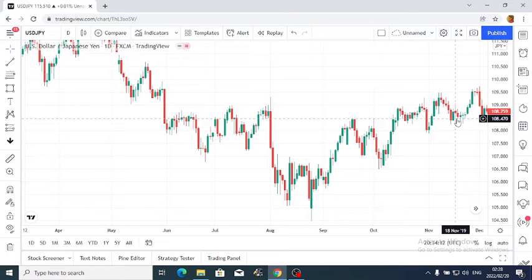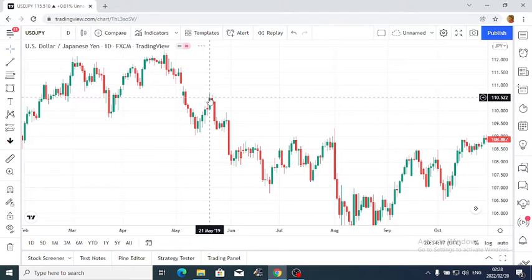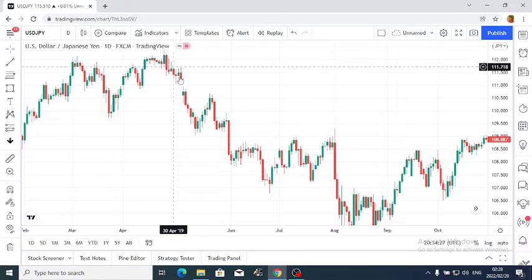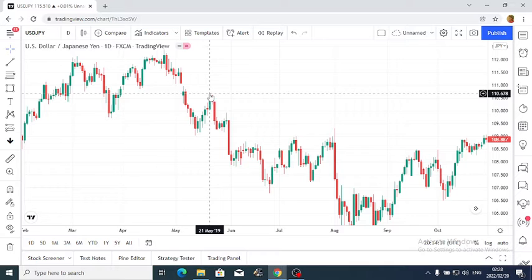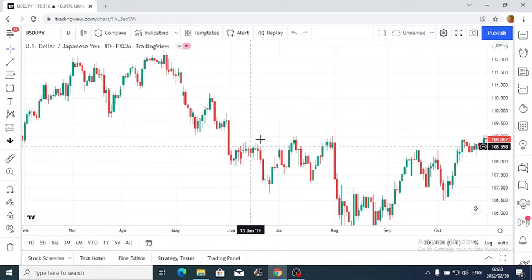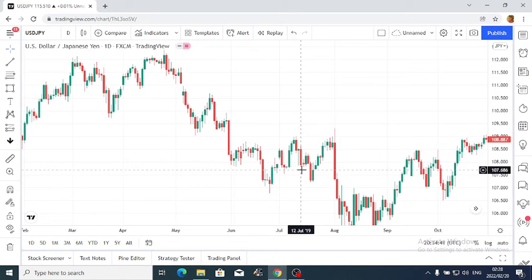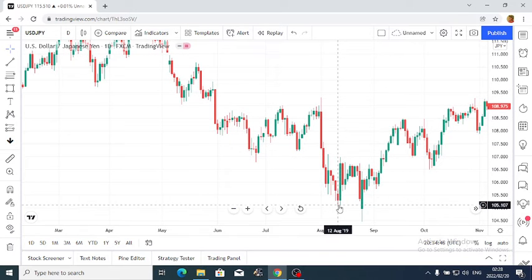Similarly, if the market is pushing lower, we have this high, this was the previous high. The market pushed lower and it made a lower high, a lower low, a lower high, and we had a lower low right here.